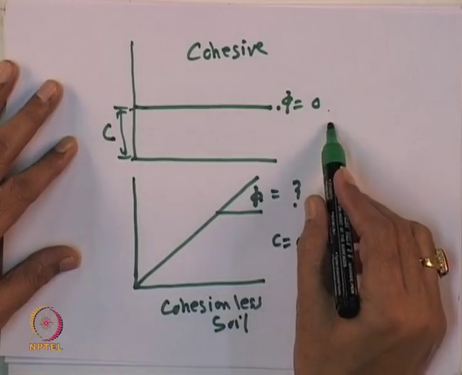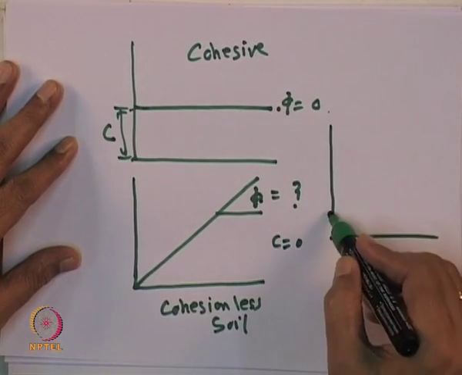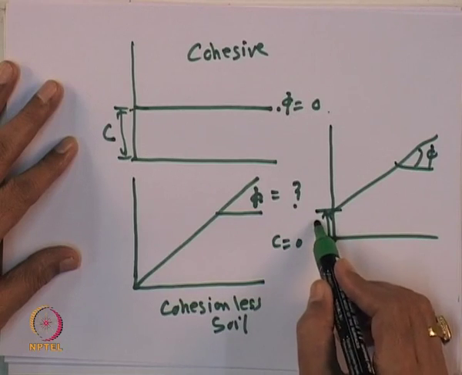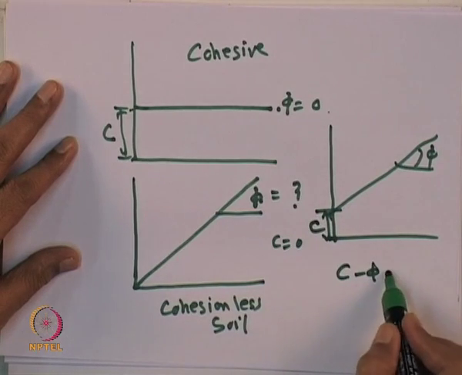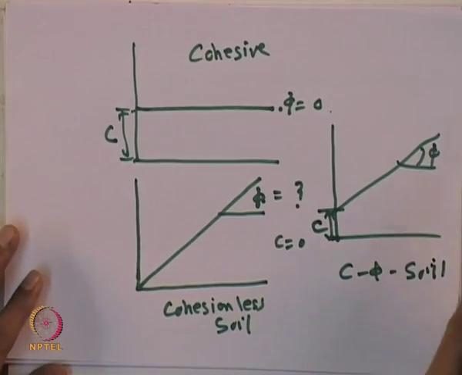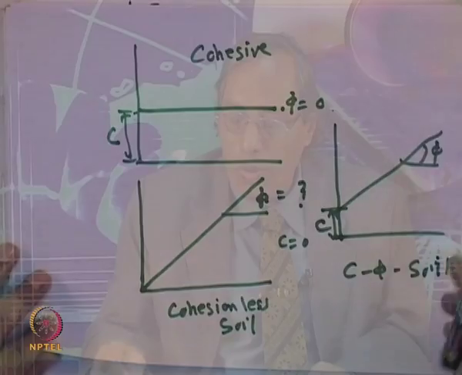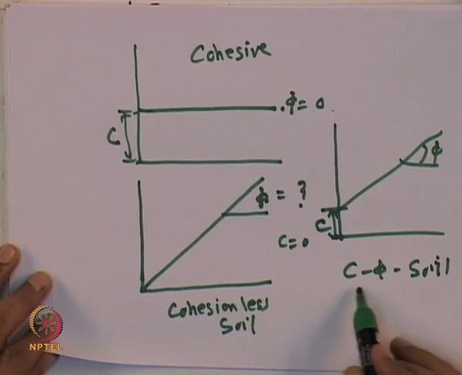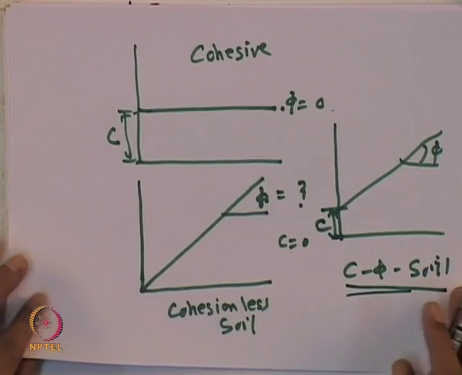Or if it has both friction and cohesion, you can have the pi value and the C value, and this is also called a C-pi soil. From this you can calculate the cohesion value and the angle of shearing resistance of the soil. This is called the C-pi soil, because there is a cohesion and an angle of internal friction.